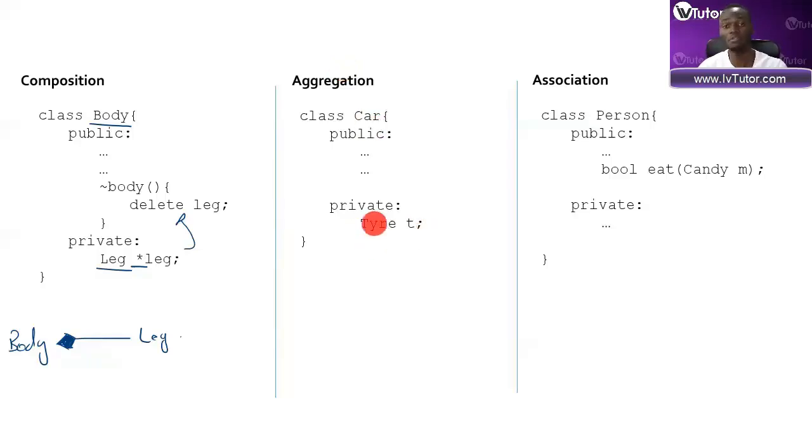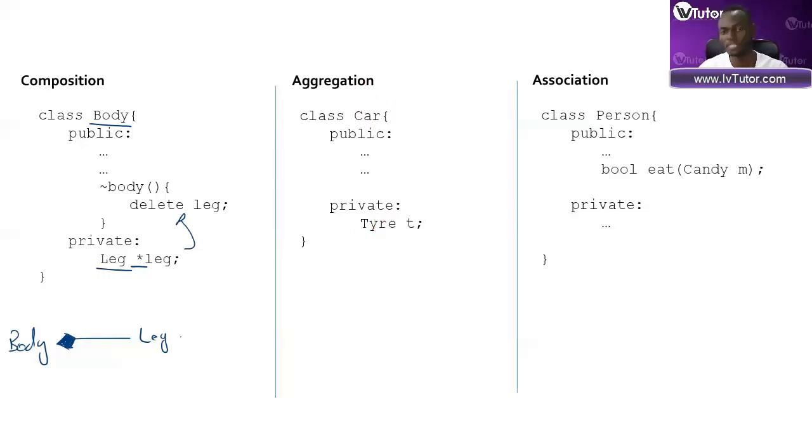It can exist outside this instance of a car, which is not the case here, because this leg cannot exist outside this instance. The moment this instance is gone, the leg is gone. Just like you don't see legs moving around in shopping malls, because they cannot exist without a body. That's composition. The same thing goes for aggregation: you can buy a tire without the car.